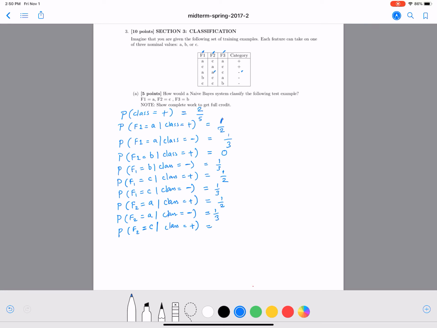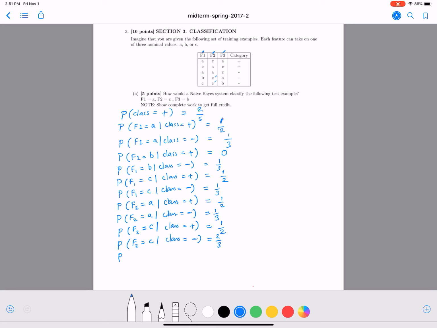Now for F2 is equal to C, class equal to plus, there is one value out of 2 values, so the value is 1 by 2. Probability of F2 equal to C, class equal to minus. Now there are 2 of those values, so we get 2 by 3.